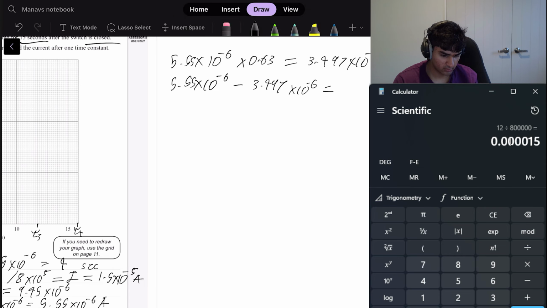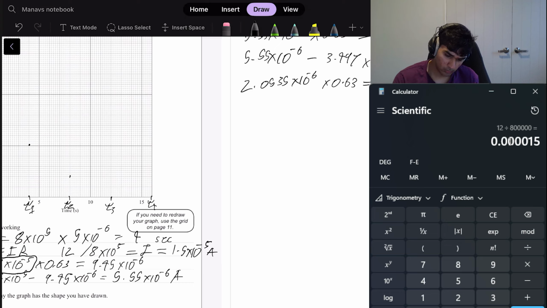Okay, so I got 2.05 times 10 negative 6 amps. That means we're looking at 0.2, which is around here. I don't know if I can really be answering the fourth time constant, but oh well. 0.535 times 10 negative 6 times 0.63 gives 1.3 times 10 negative 6.